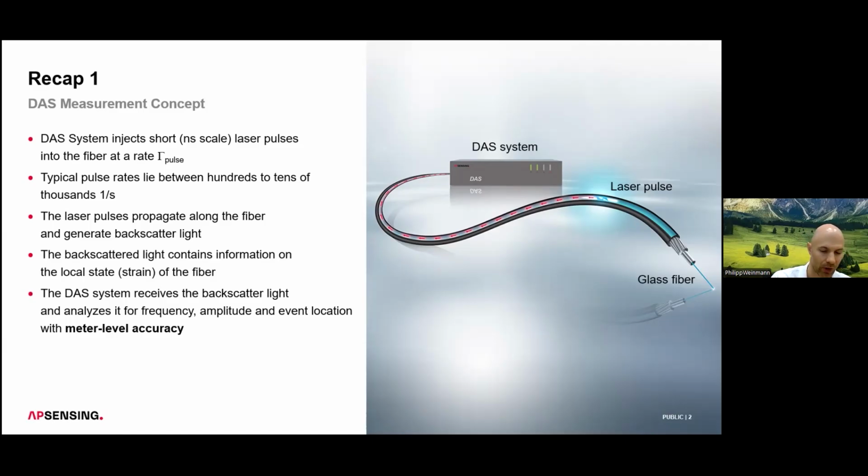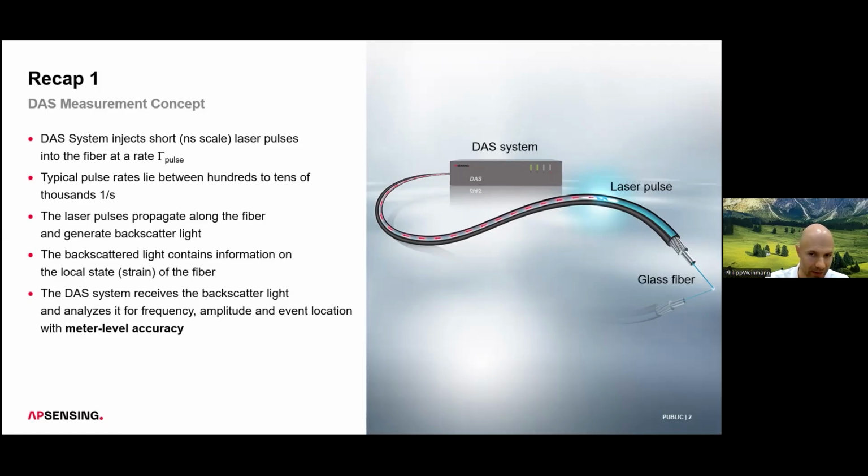The laser pulses travel to the very end of the glass fiber, and on its way to the end of the glass fiber, it scatters light into the backwards direction of the interrogator. And this backscatter light contains all the information we are looking for, so basically the local strain information of the fiber, how it changes over time.